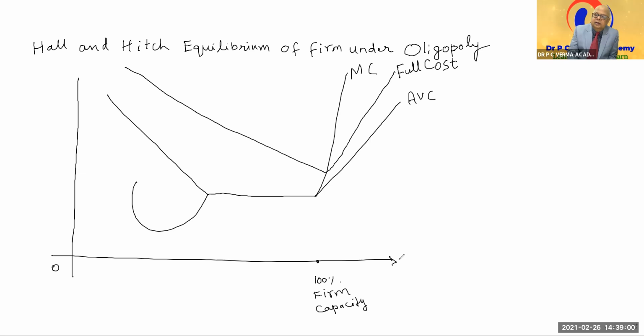That is the capacity, on capacity. But suppose 85% is the budgeted output.